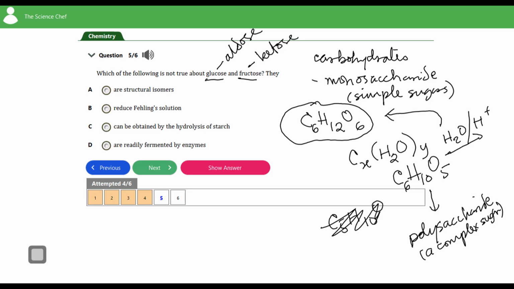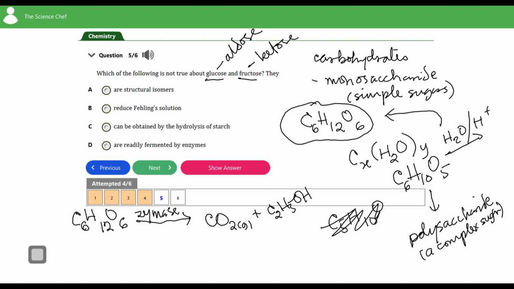Now D, they are readily fermented by enzymes. That is not correct. We know that glucose undergoes fermentation. That is, it's acted upon by microorganisms, enzymes, specifically zymase, in the absence of air to produce CO2 gas and ethanol, C2H5OH.